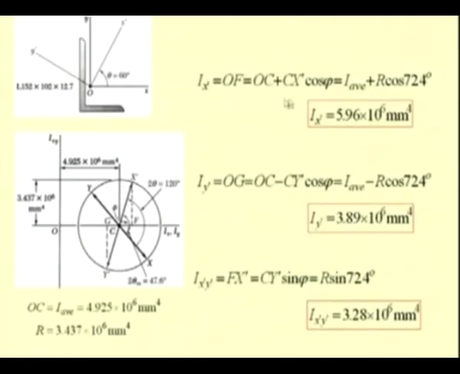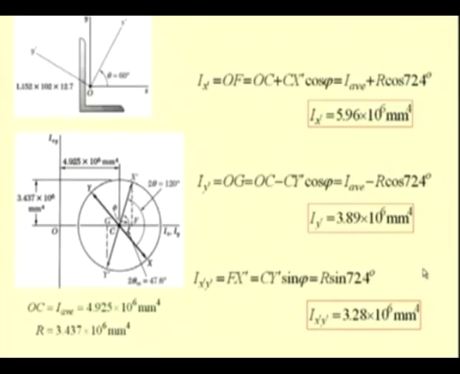We know that this is the Ixy for the rotated axis. We find this Ix prime, that is this value OF, as 5.96 into 10 to the power of 6 mm to the power of 4, and Iy, which is OG, as 3.89 into 10 to the power of 6 by measuring it in this diagram which has been constructed to the given scale, and Ixy, which is nothing but Fx prime or Gy prime, which is equal to 3.28 into 10 to the power of 6 mm to the power of 4.